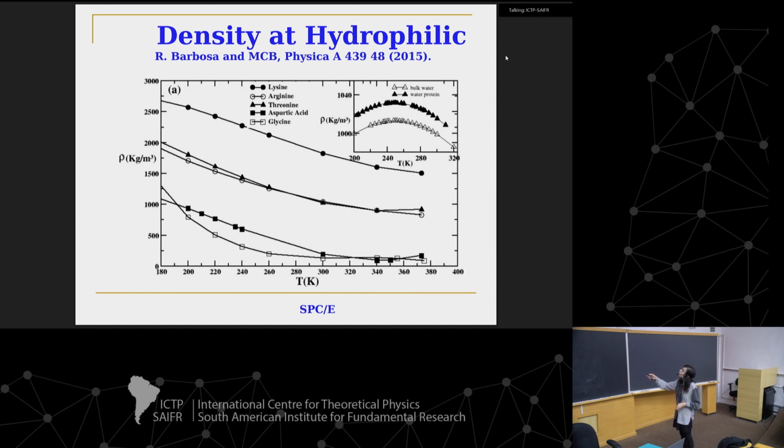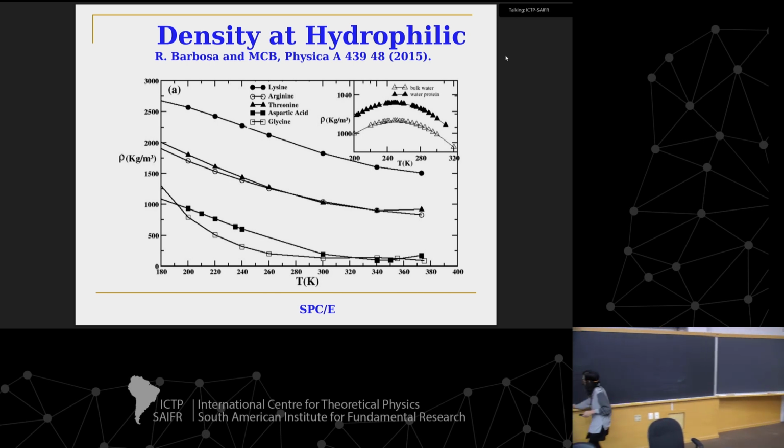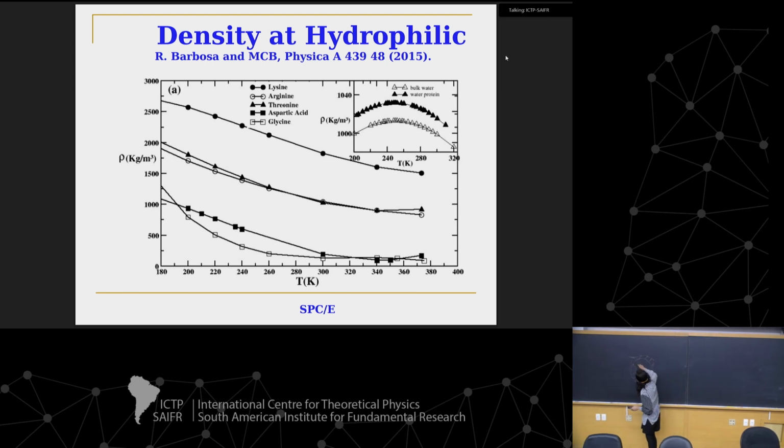lysozyme sites. These are the hydrophilic sites. So here's this lysozyme, and I calculate the density here. Here is the arginine, and I calculate the density here.